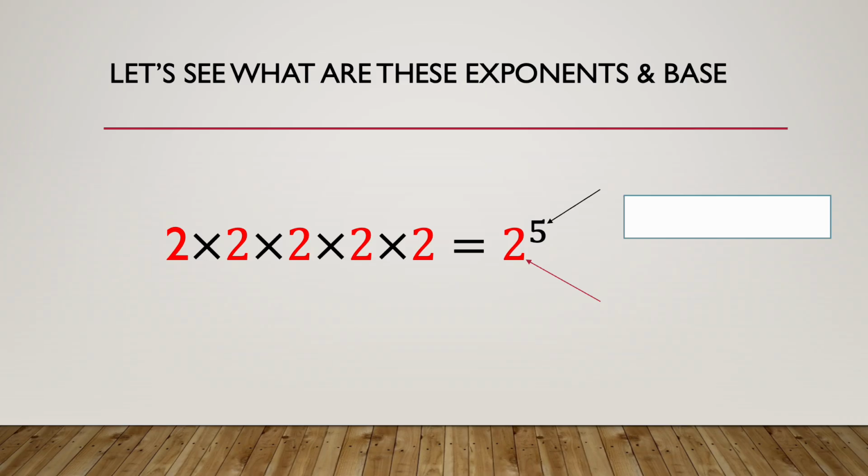So this one we can write in a short way like this. How many times is number 2 multiplied? 5 times. Now you can see this is different. When we write it short, we write it in a different way.